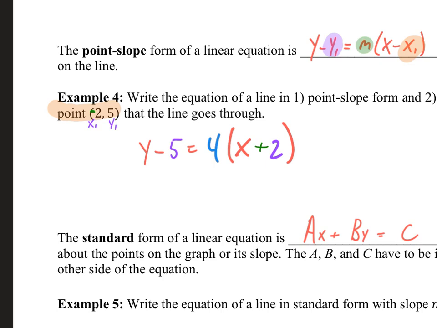Same thing here: if that had been a negative 5, this would say plus 5. Because of these minuses, x minus negative 2 would become x plus 2. For y minus 5, there's actually a positive 5 that we're plugging in. It's actually a negative 2 that we're plugging in on the other side, but they look opposite when we look at the equation.